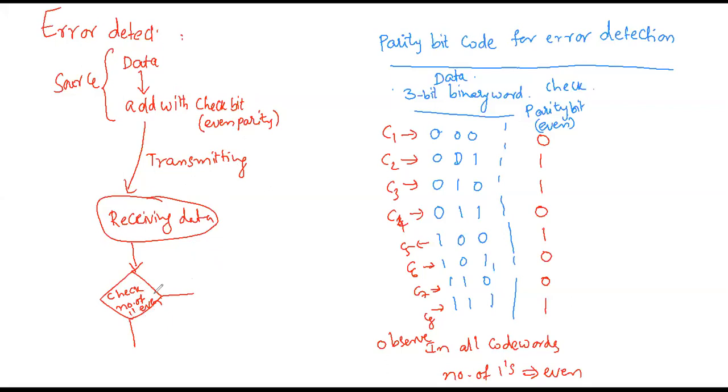If the number of ones is even, yes, accept the received data. If no, reject. Reject means the data has an error, or the information has an error, because the code word has an error.